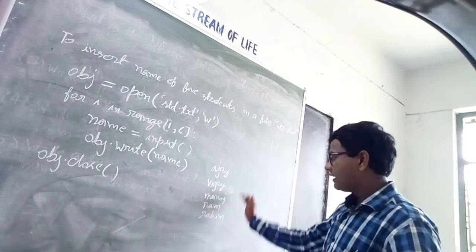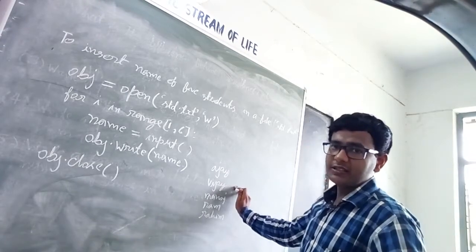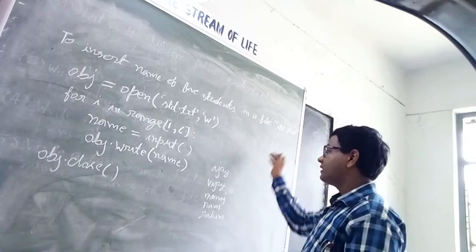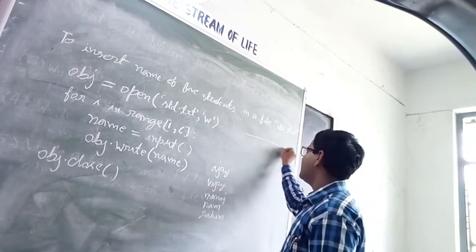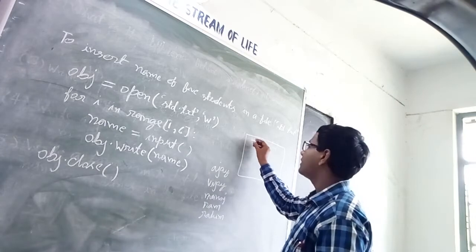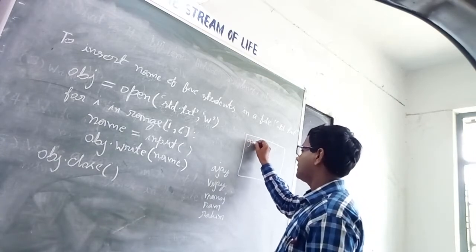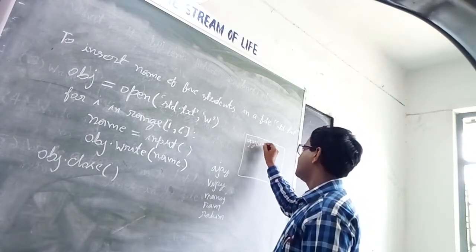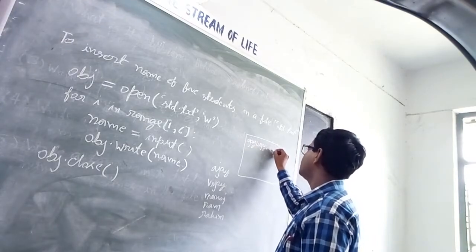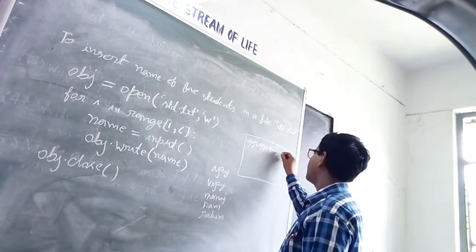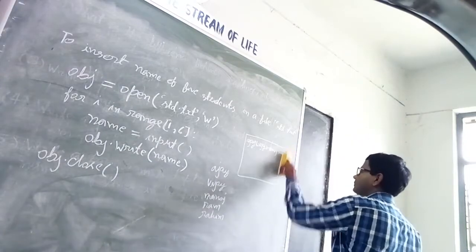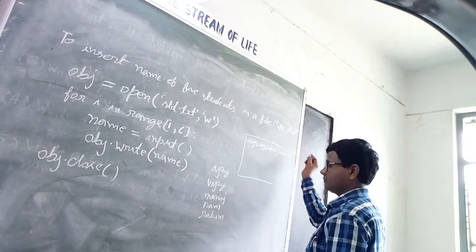We enter these inputs, and when we open our std.txt file, these entries are displayed in Notepad in a single line, just like this: Ajay, Vijay, Manoj, Ram, Rahi.